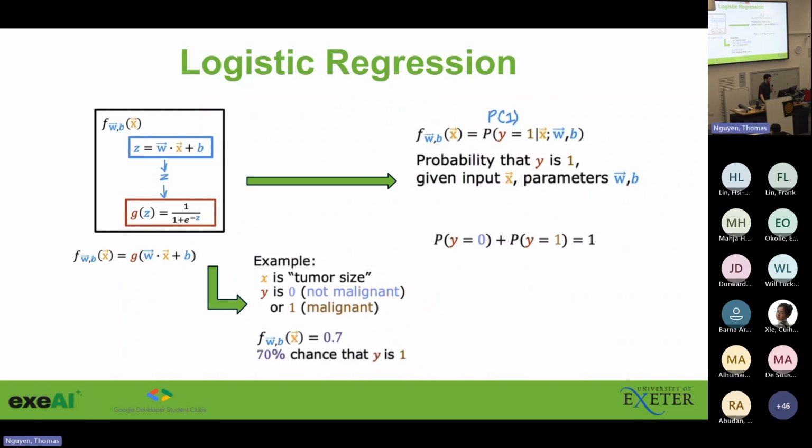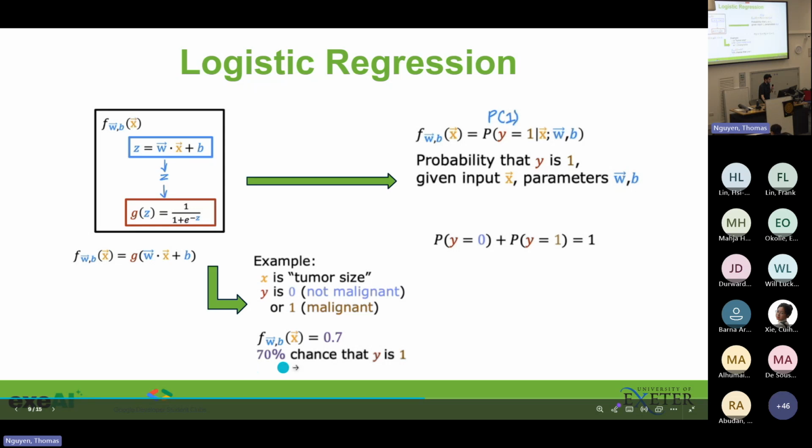Another thing to note is that when we get given a decimal value after we put in one input, it will denote this probability. So if we get a 0.7, that will be a 70% chance that y is 1, or that the input is malignant.